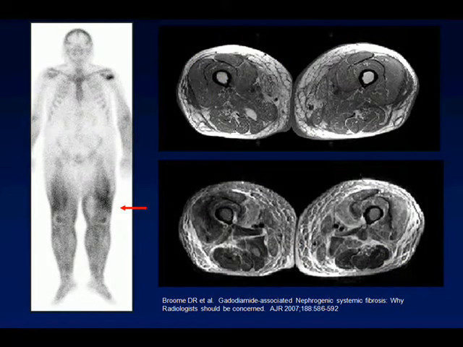And this is a patient, bone scan on your left and MRI on your right, showing a case of NSF, where you can see uptake in the muscles or the soft tissues within the lower legs and thighs. And on the MRI, you can see that there's diffuse infiltration of the subcutaneous fat with all this fibrosis.